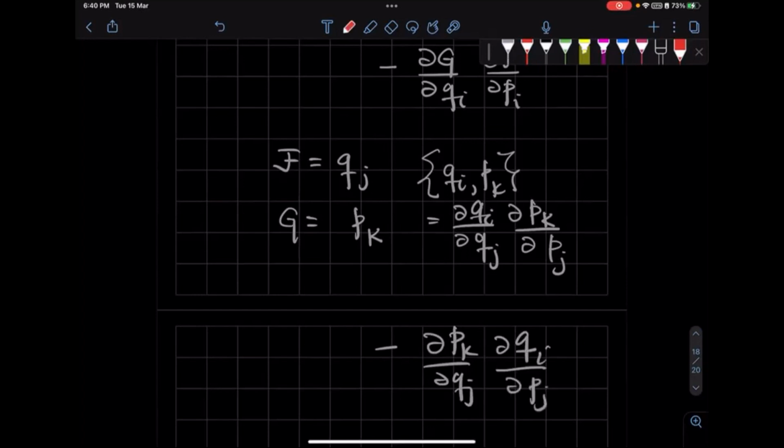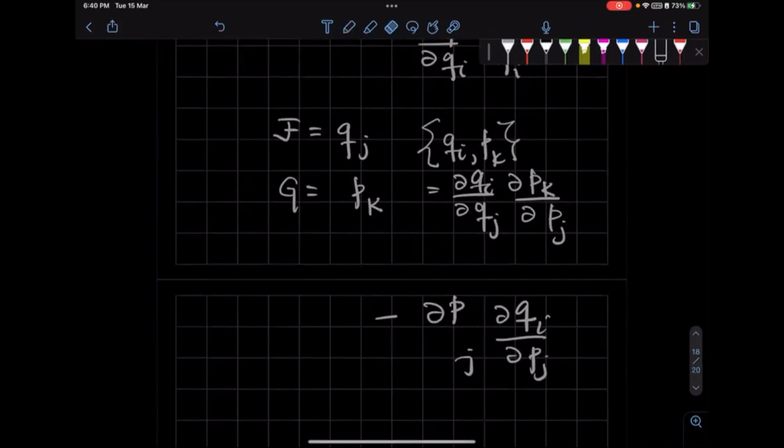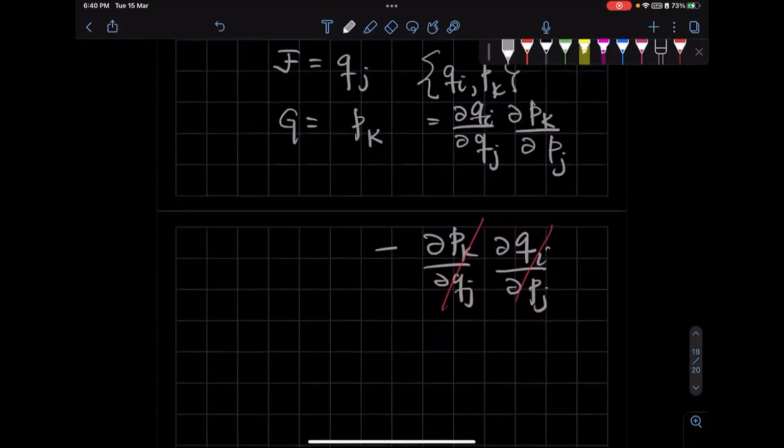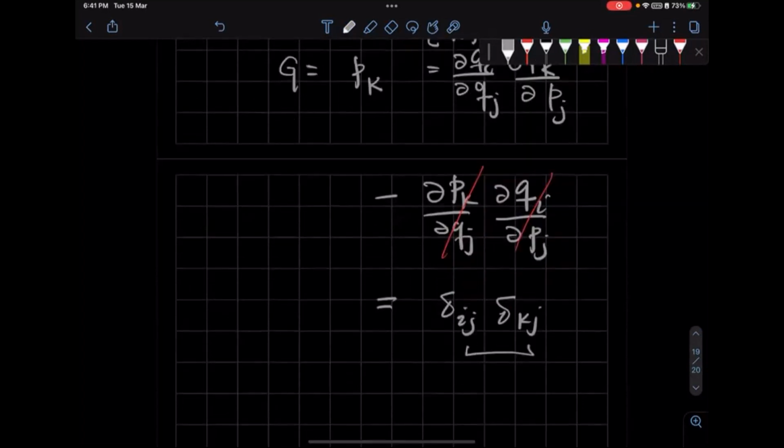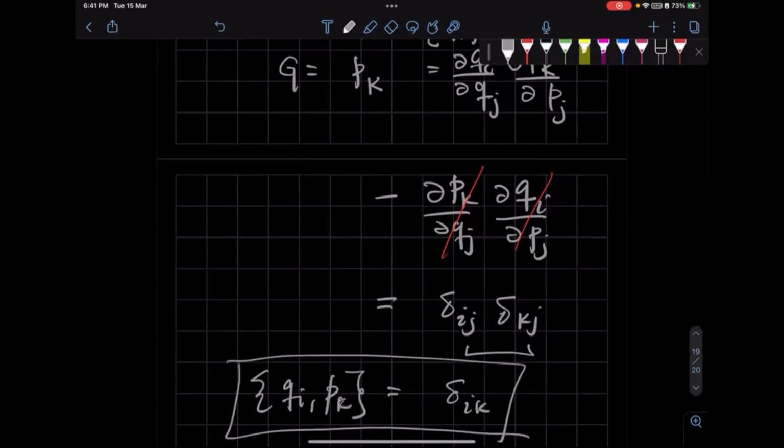So the second term, because q and p are independent variables, we are assuming them to be independent, and we are doing classical mechanics, the second term is going to be 0. And so the first term is going to give me delta ij, the Kronecker delta, and the second term is going to give me delta jk. And there's a sum over j. Using that fact, we have delta ik. So we see that {qi, pk} is equal to delta ik. Okay?